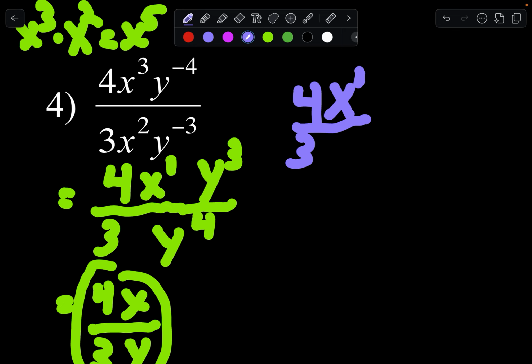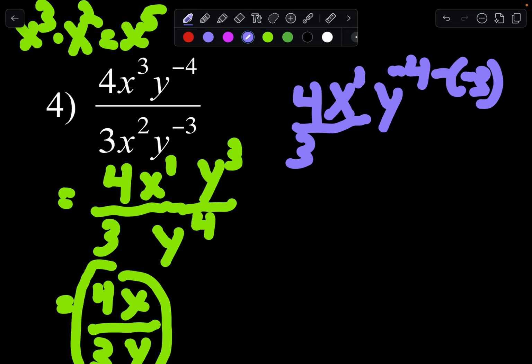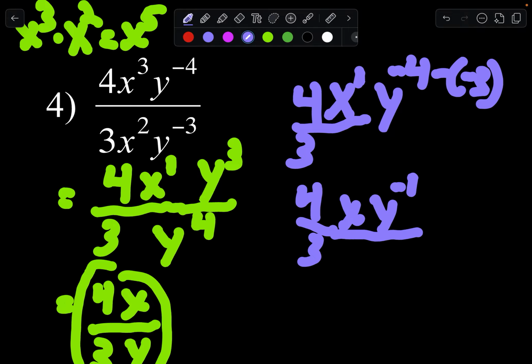And then this is y to the negative 4 minus a negative 3. When you subtract a negative, you add, and combining these gives you 4/3 x y to the negative 1. Because negative 4 plus 3 is negative 1. But now you're going to have to remember, hey, I have to move the negative exponent downstairs.